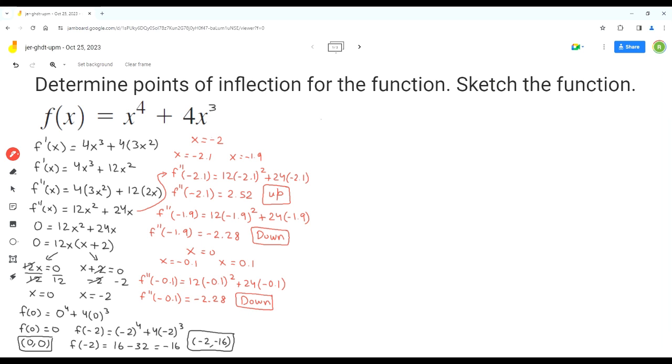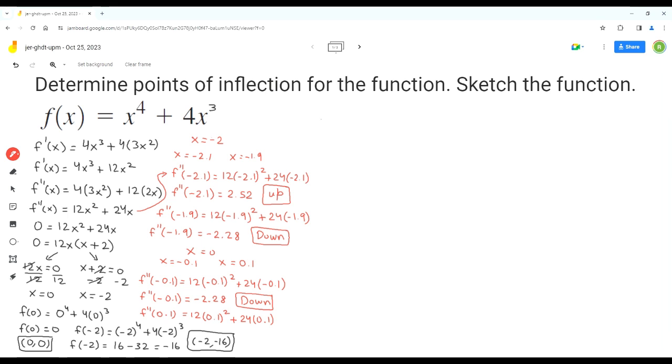Now we can do the analysis for the right side. So we'll sub in x as 0.1. Now in this expression, all numbers are positive.